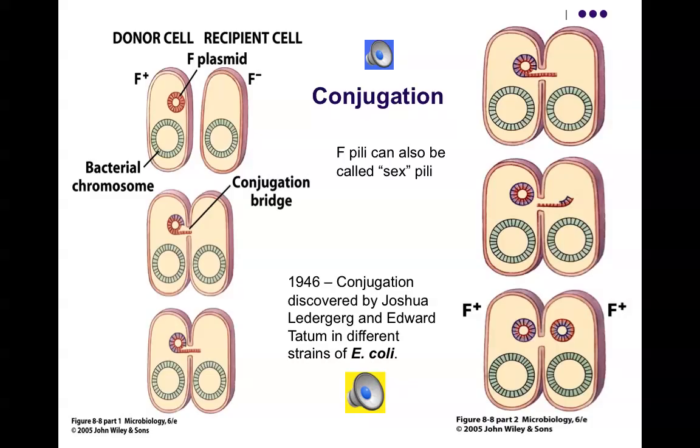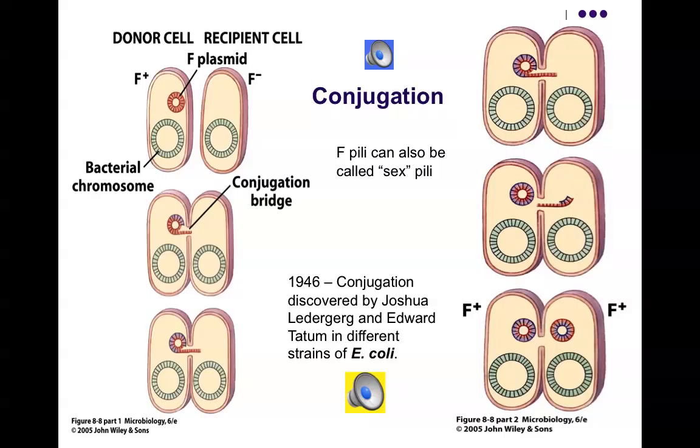A copy of the F plasmid is being transferred from the F+ cell to the F- cell. This is conjugation, the transfer of large sections or pieces of DNA from an F+ to an F- via the conjugation bridge or the F pili.